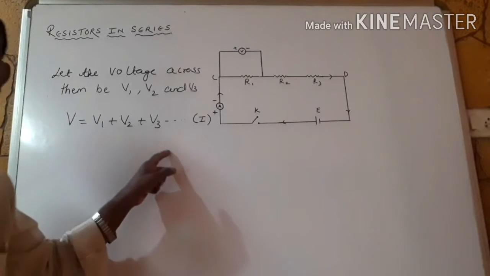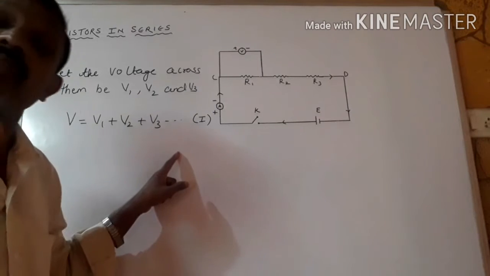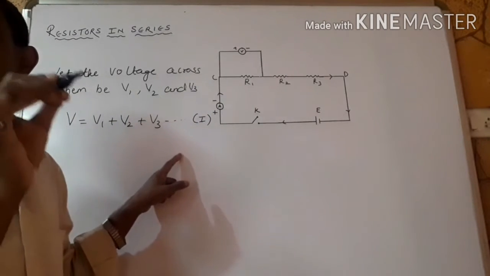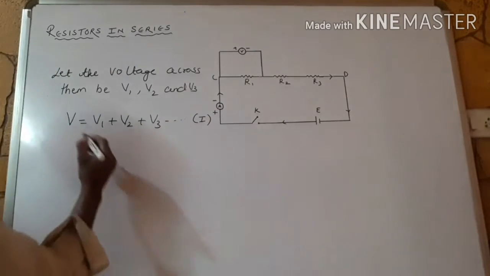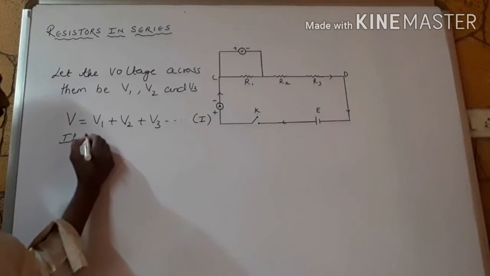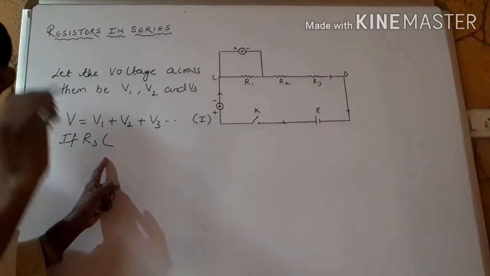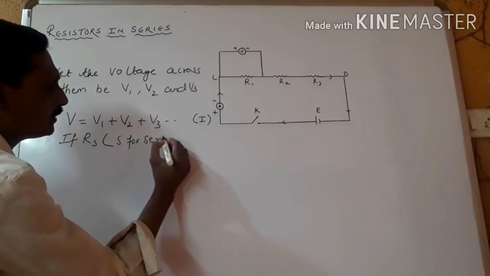Now if RS is the effective resistance, S denotes that the resistances are connected in series.